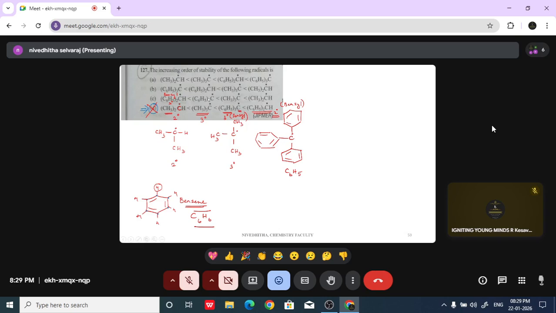Next is tertiary plus benzyl. This is tertiary and benzyl. But what they are telling in this option is that these are less stable than the normal tertiary and secondary. Is this right, Kana? No, because benzyls are the most stable ones, right? So the third option is also ruled out.